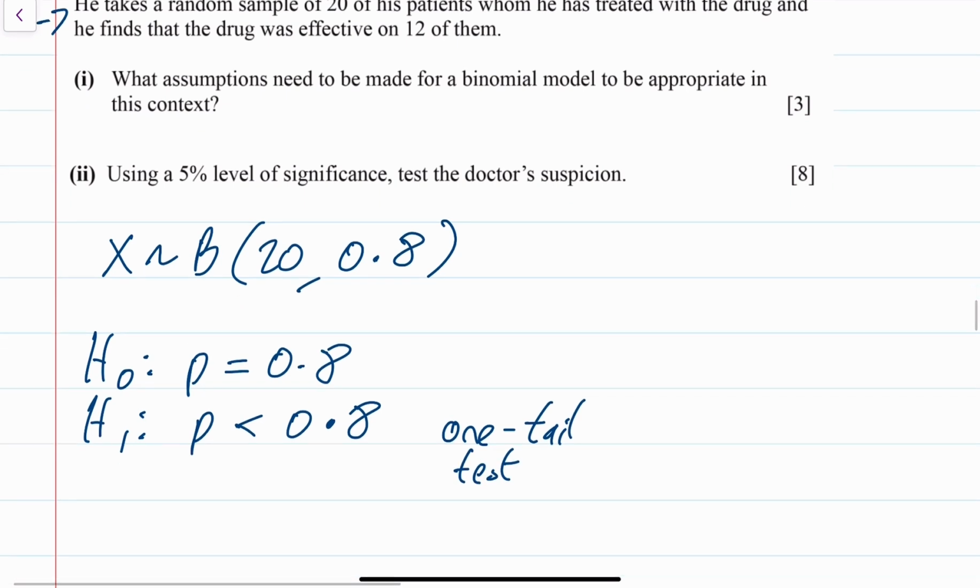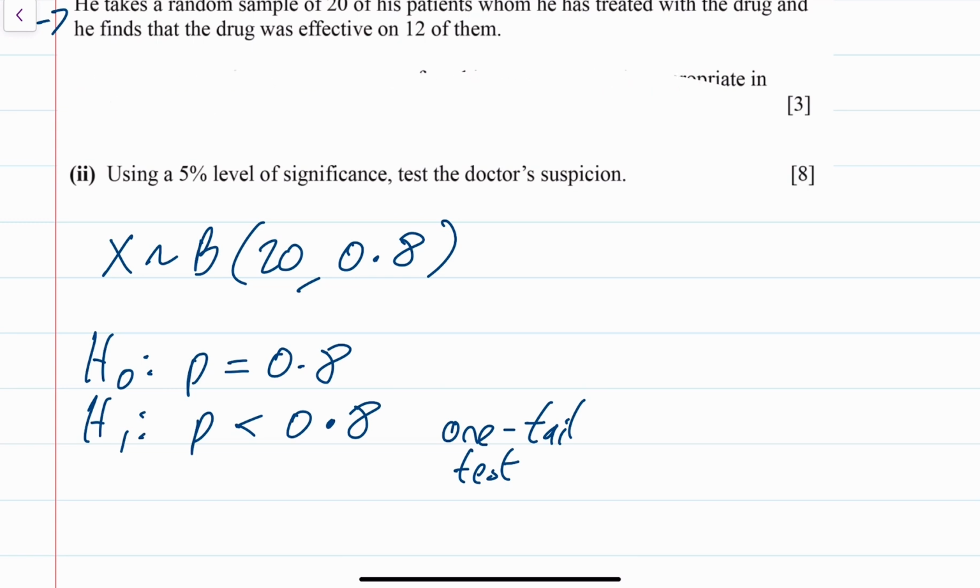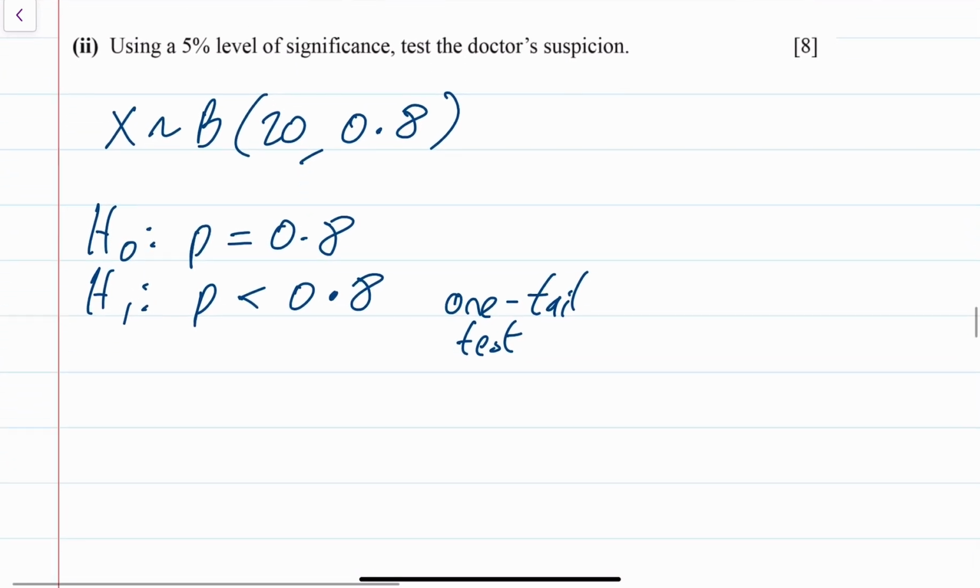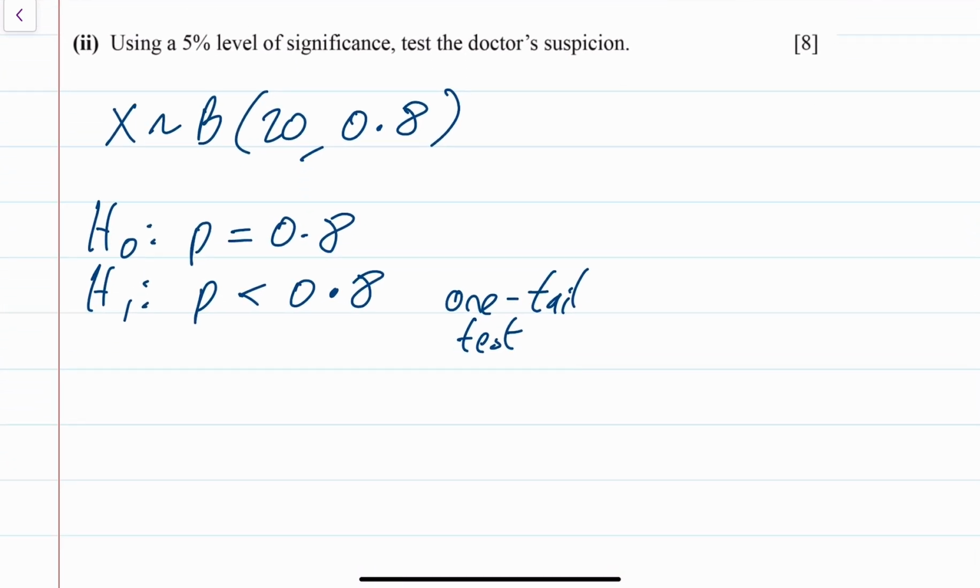I'm ignoring, by the way, this part of the question. I couldn't care less about it. Your assumptions for binomial are that there are two possible outcomes, success or fail, a finite number of trials, and the results are independent events. You need to learn those, but we're not looking at that at the minute. It's a 5% level, that's all we're doing.